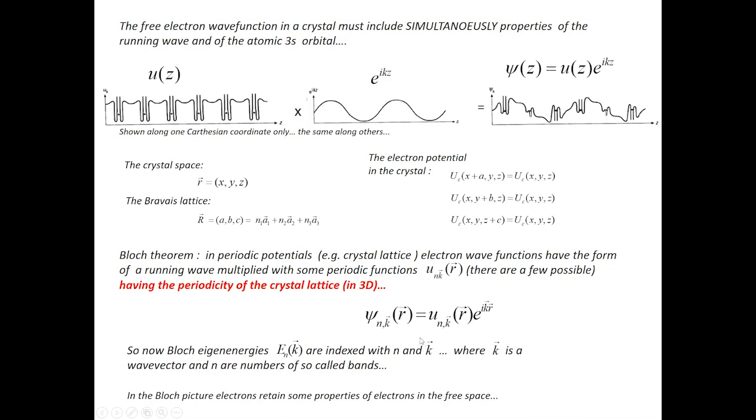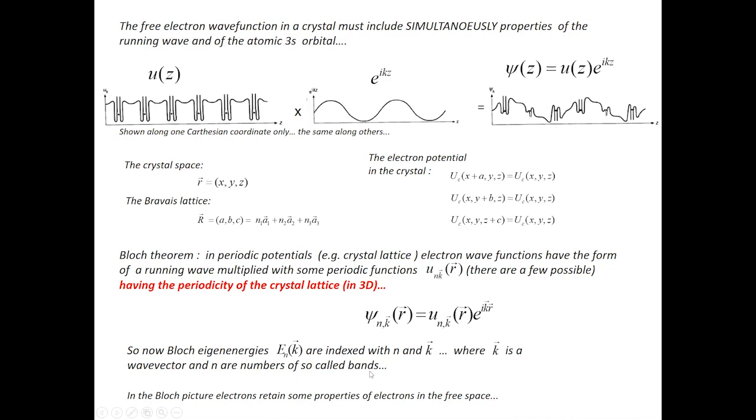Each electronic state is described by an energy, but now these energies are indexed with n, because we may have different functions with crystal periodicity here, and also k. k is a wave vector, and n are the numbers of so-called bands.